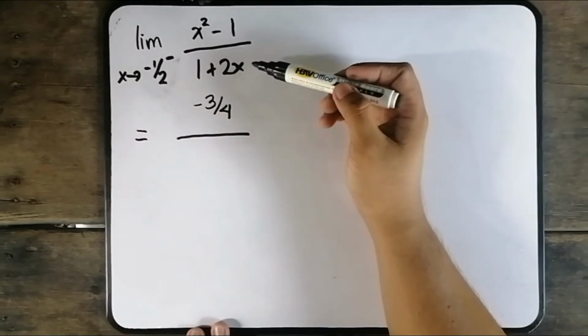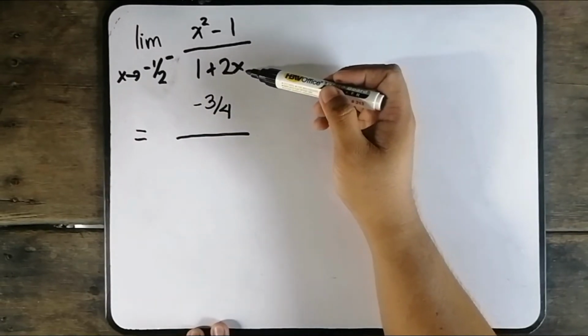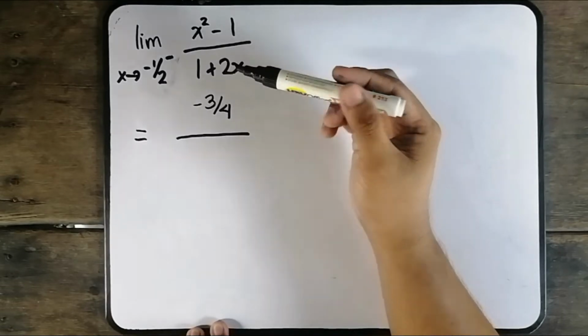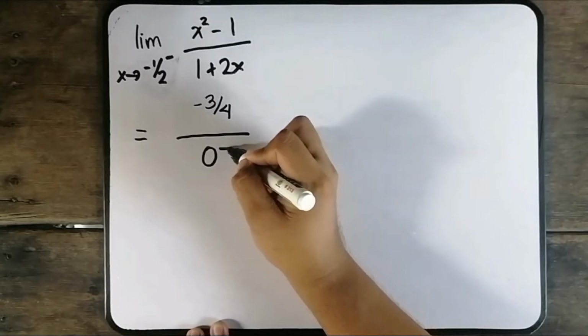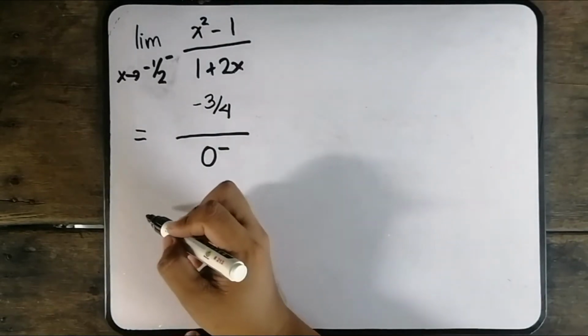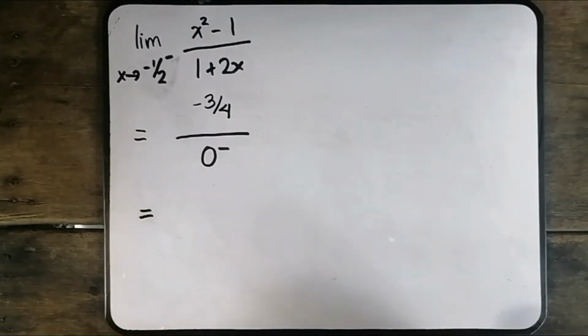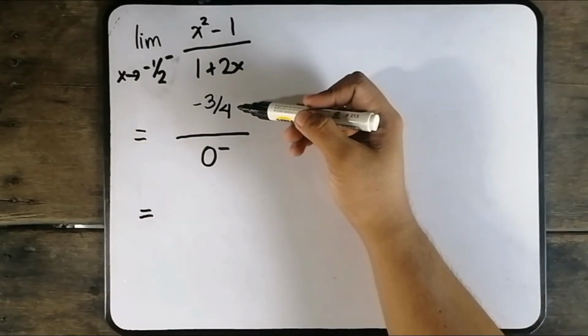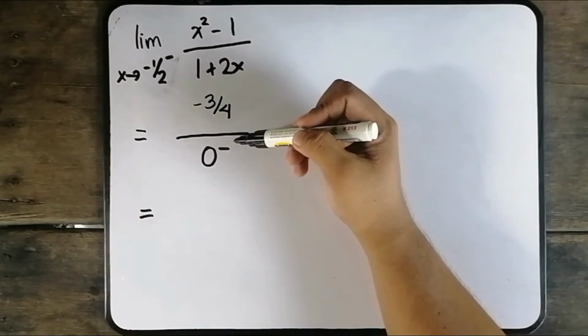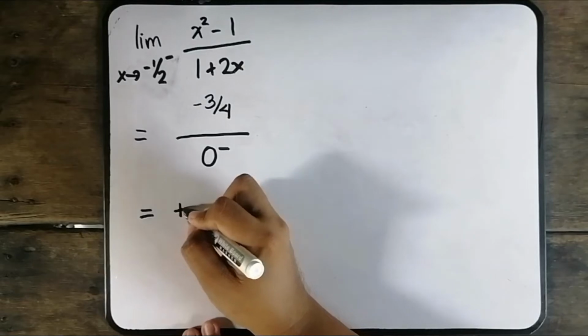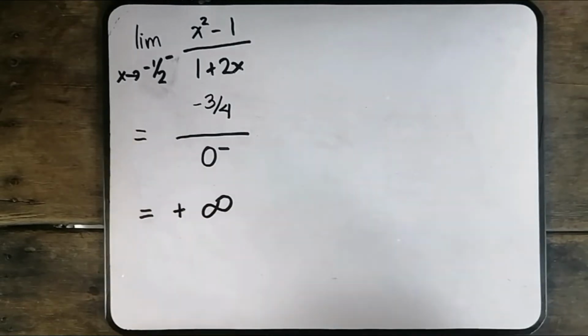So notice that here, as it approaches 0, dumadaan siya sa negative values. So that is 0 negative. Therefore, by our previous theorem, negative constant over 0 negative is equal to positive infinity.